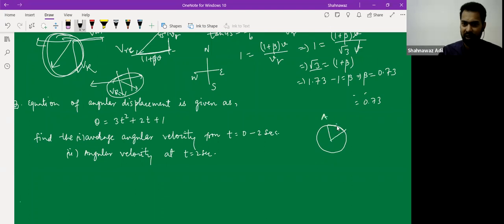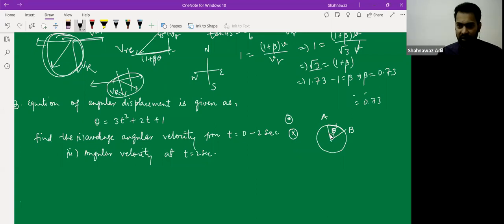So this is my direction, and this is my angular displacement. What will be the direction of the angular displacement? Will it be this or this, the cross one or the dot one? The dot one is pointing outwards and the cross one is going inwards, right?